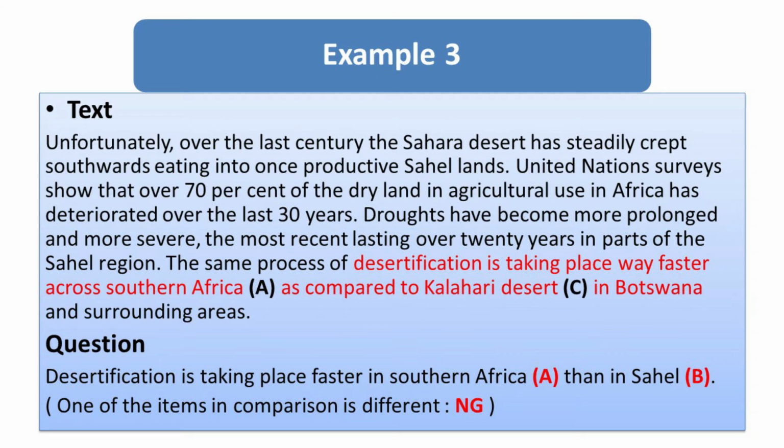Example number 3, the question says, desertification is taking place faster in South Africa than in Sahel. So the comparison is between South Africa and Sahel. When we read the text, it is talking about South Africa, that is A, but then it is comparing it with the Kalahari Desert, that is not B. So in the text, we have two items, A and C, but in the question, we have A and B. So A is the same in the text and question, but we have a different item in the text.